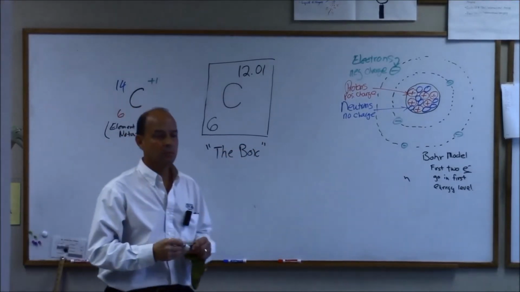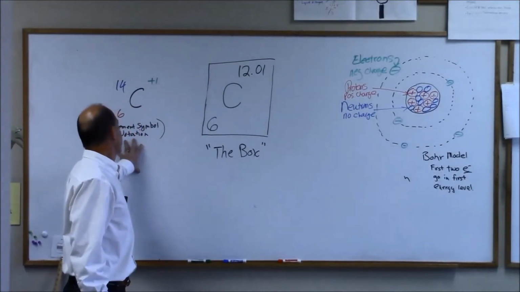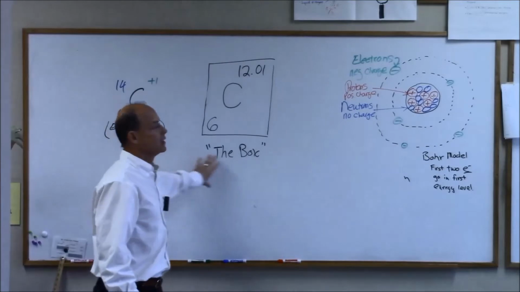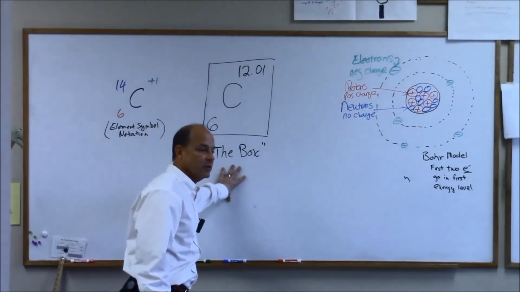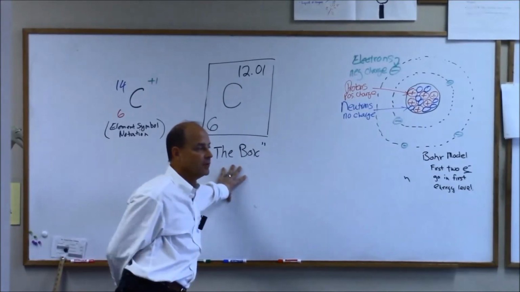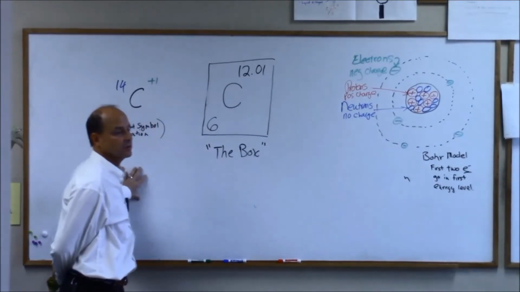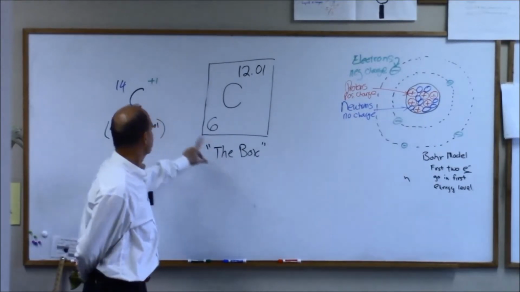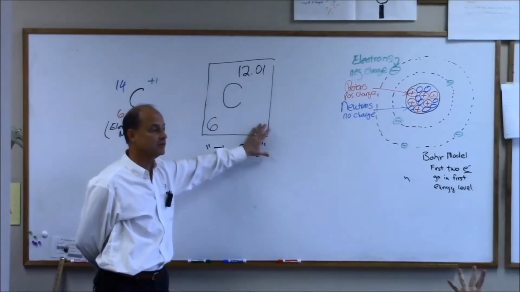What is the difference between this element symbol notation and the box on the periodic table for carbon? Let me see if I can get somebody else to pipe in here. Anybody? What is the difference between these two? Oh, careful. This is showing a charge. This one doesn't show any charge, so that's the difference.